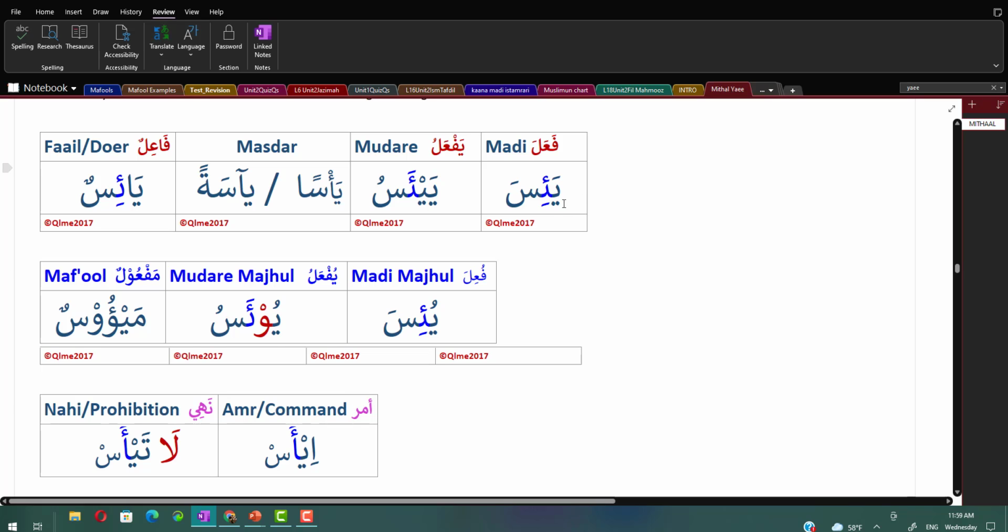So Madi is Ya'isa, Ya'asu, Masdar is Ya'san or Ya'satan. The pattern changes. There's no set pattern. And then we have Fa'ilun is Ya'isun. And then we have Madi Majhul, Fu'ila is Yu'isa, Yuf'alu, Yu'asu. Maf'ulun is May'usun. And then Amr is I'as, and the Nahi is La Tay'as.